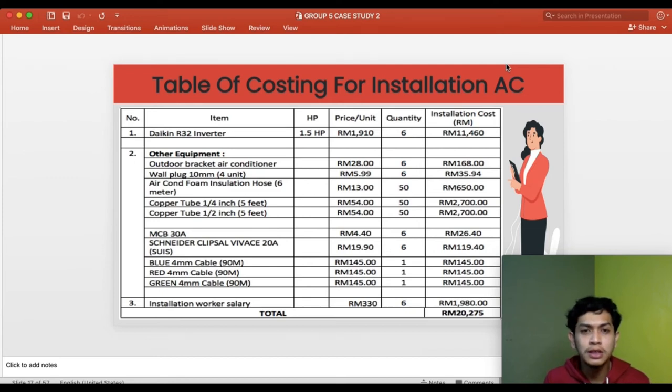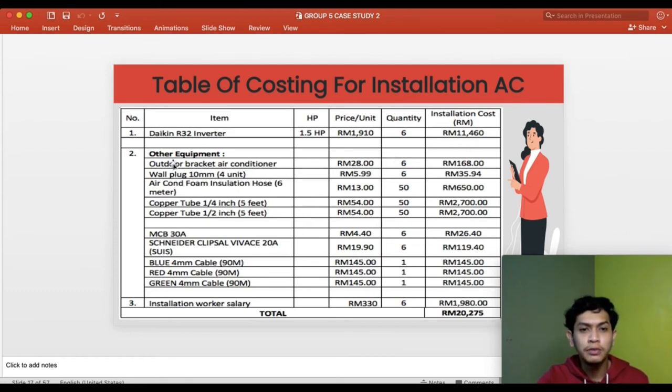So in this case study, we just install 6 units of aircon, which is Daikin R32 inverter, 1.5 horsepower. So one unit is priced at 1910. So the installation cost of 6 units of the aircon is 11,460.